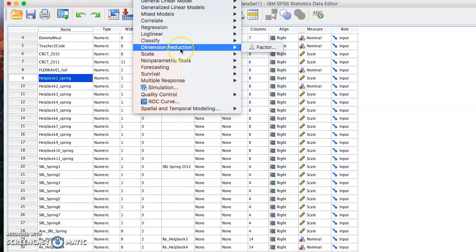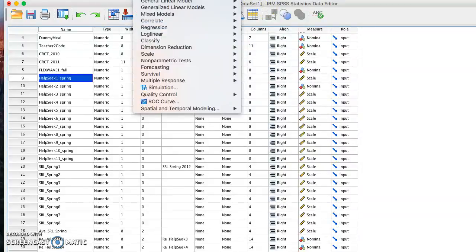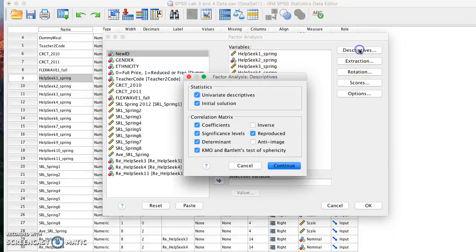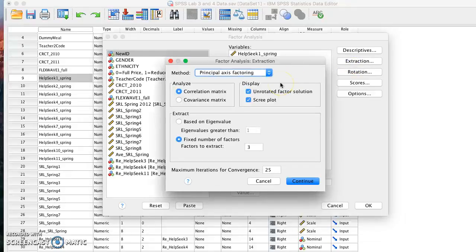Go to Analyze, then Dimension Reduction, and then Factor. We have these 11 items selected, and all the statistics are still checked as what we did yesterday. You can also follow the handout or the module content for the steps. Everything is the same except the extraction is no longer based on eigenvalue.